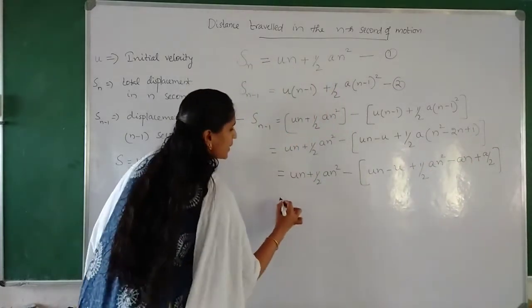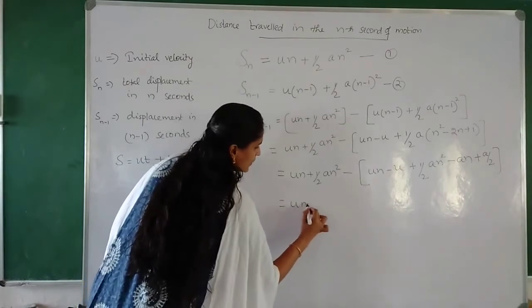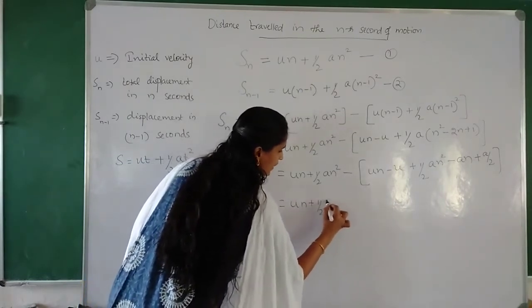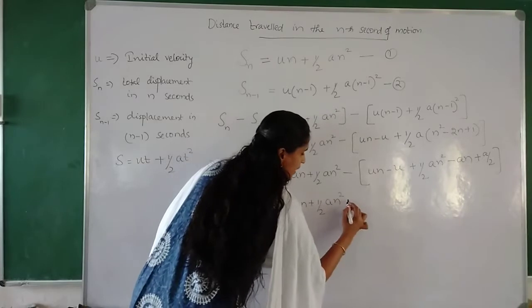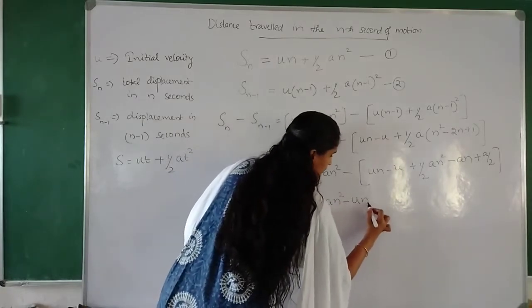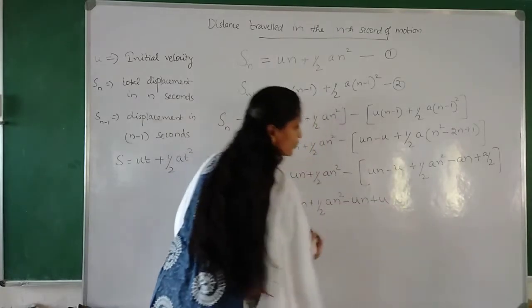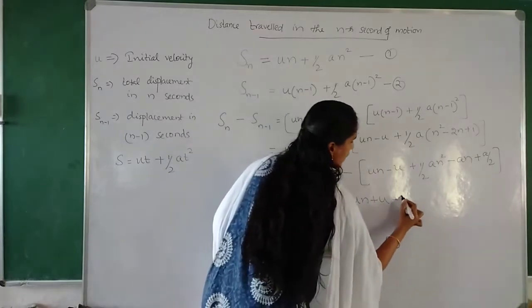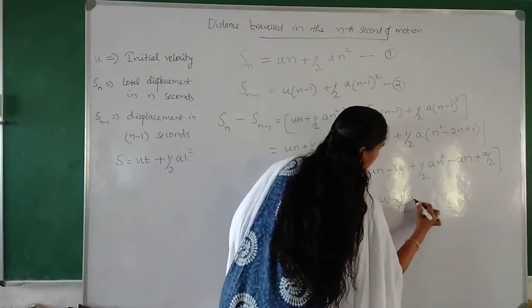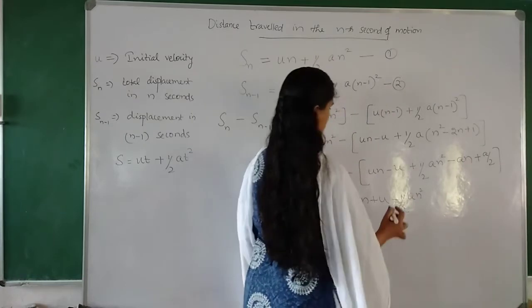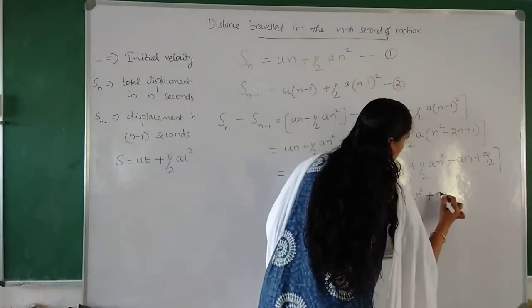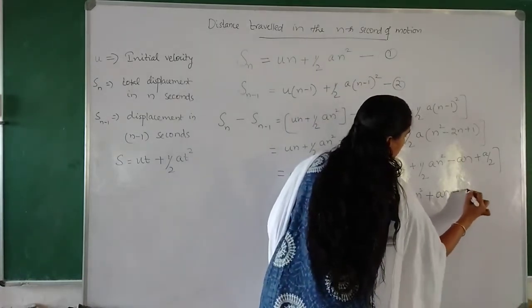Now you can remove the bracket: un plus half a n square minus un plus u minus half a n square plus a n minus a.